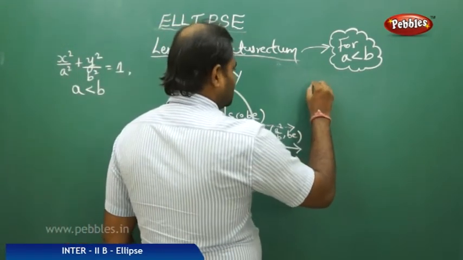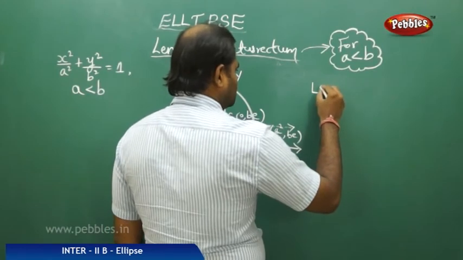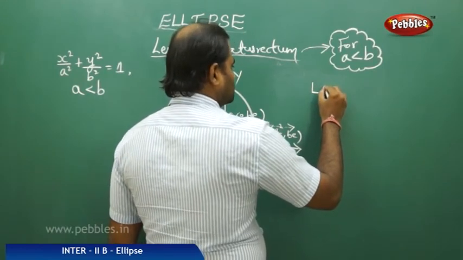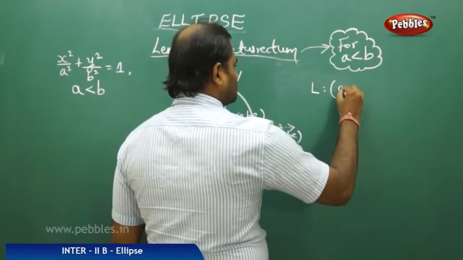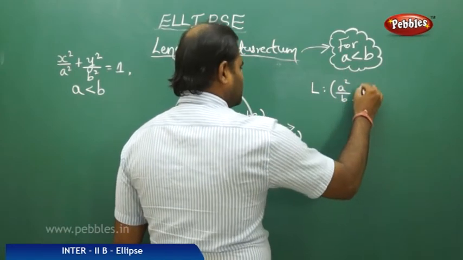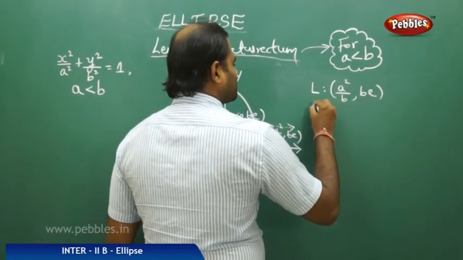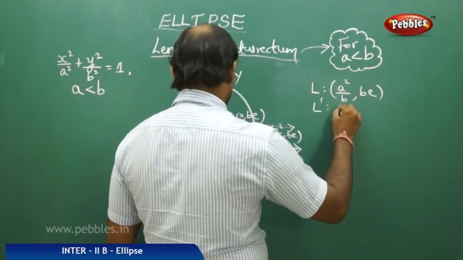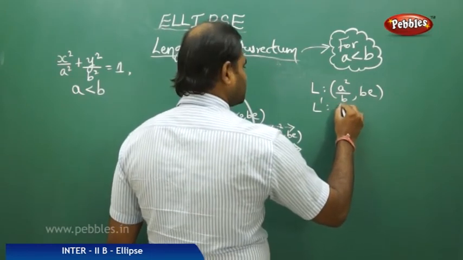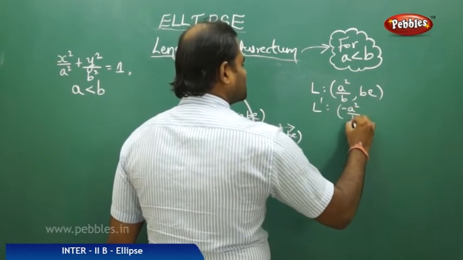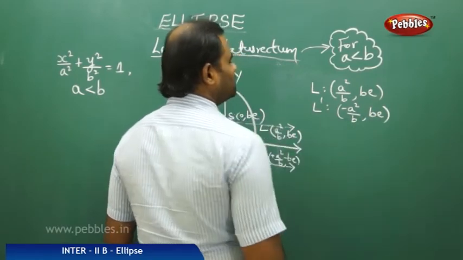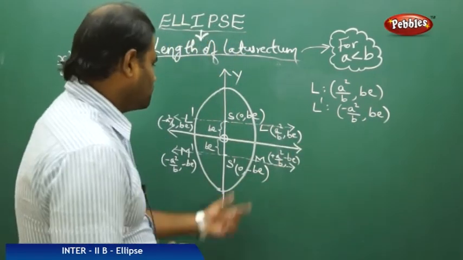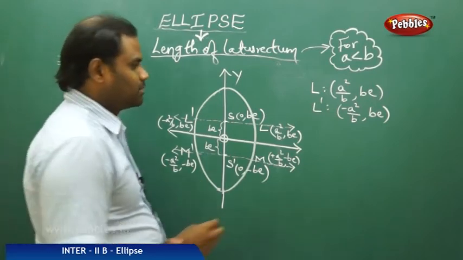So I have my L given by (a square by b, be), and L dash, which is (minus a square by b, be), which are the extremities of the first latus rectum LL dash.